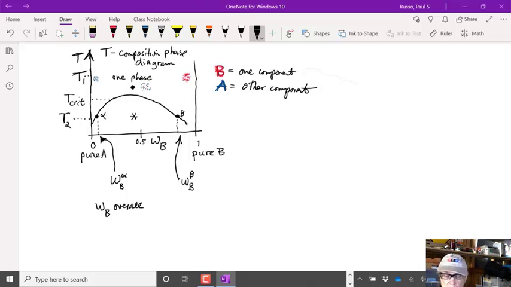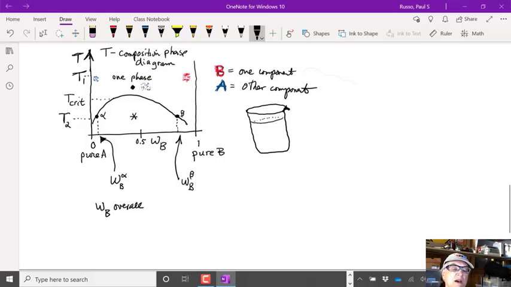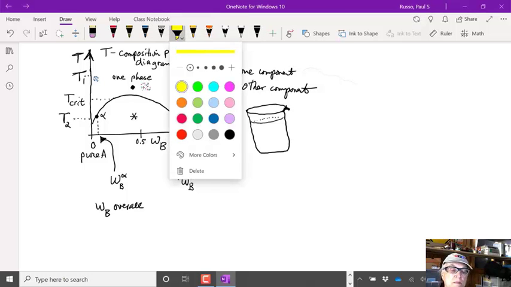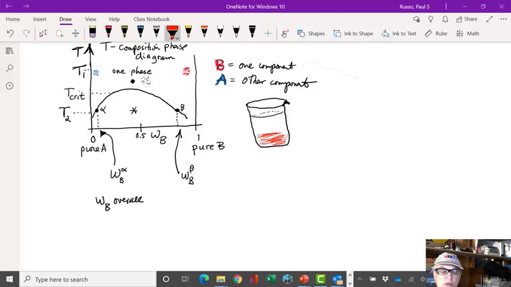If that's my overall composition and I've lowered the temperature, what I expect to actually see if I look into the beaker, here's a beaker, little pour spout there for the beaker, I guess. What I will have at the end of that will be B, and then we'll have A on top.